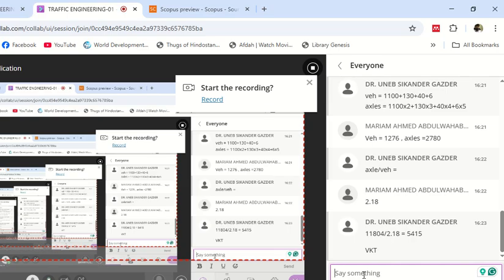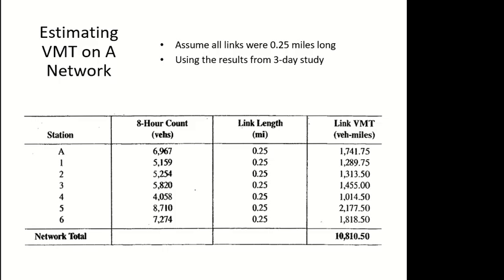If I multiply the volume of 8 hours, the VMT is for 8 hours. And if I multiply the volume of 12 hours, then the VMT is for 12 hours. The example given here has 8-hour counts, so at each location I am calculating 8-hour VMT. So count times length gives you VMT.